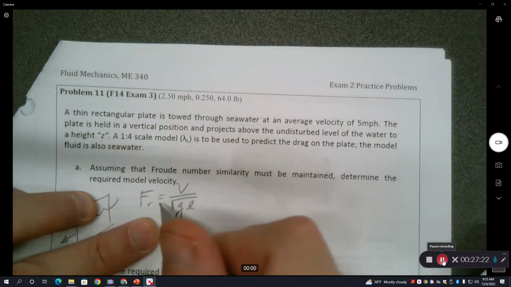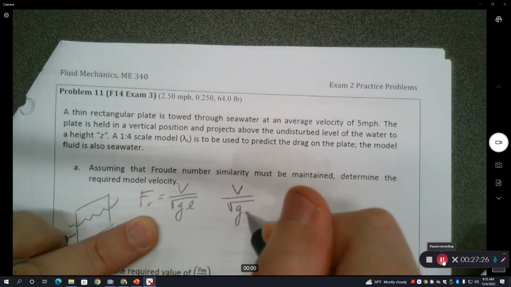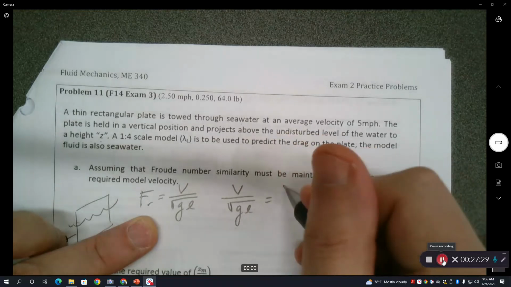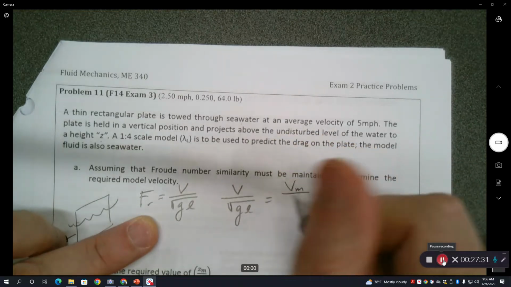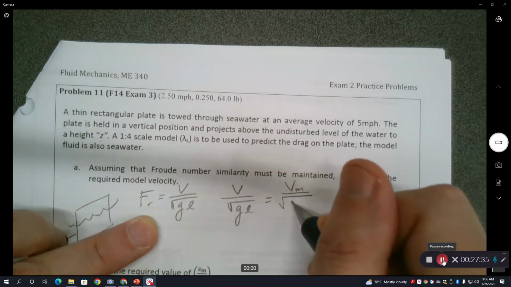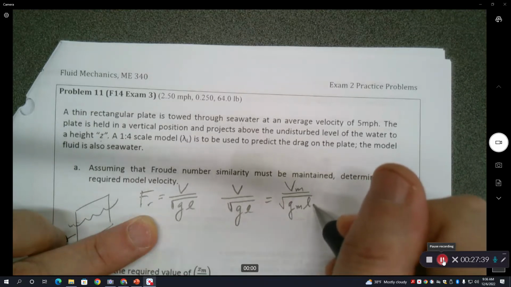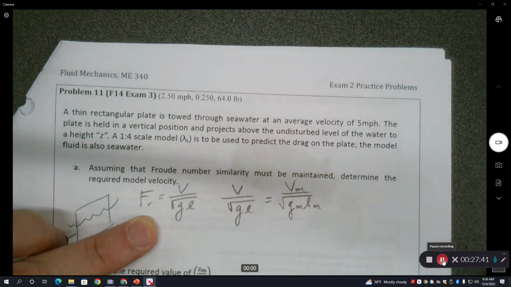When we say it has to be similar, we need to make these similar to each other. You know, the G is always going to be the same, so relatively easy there.